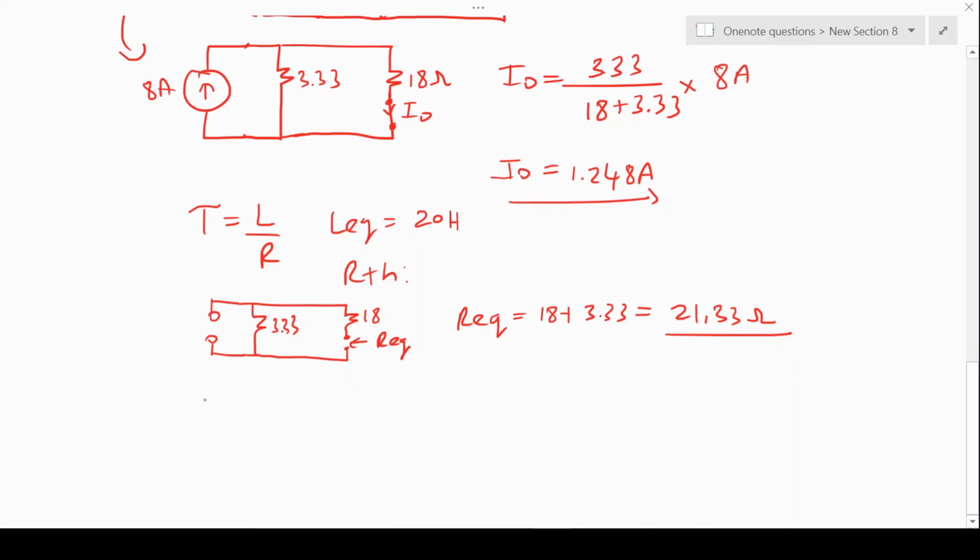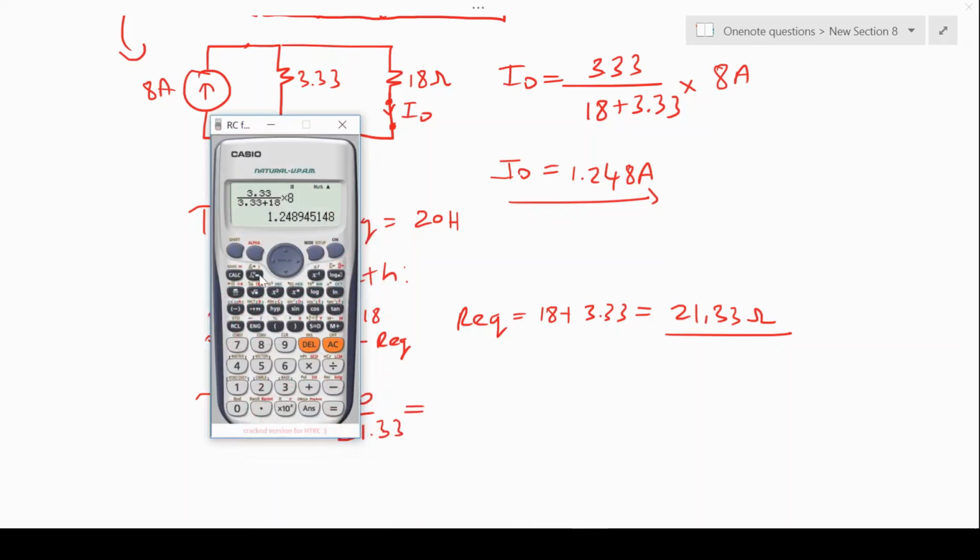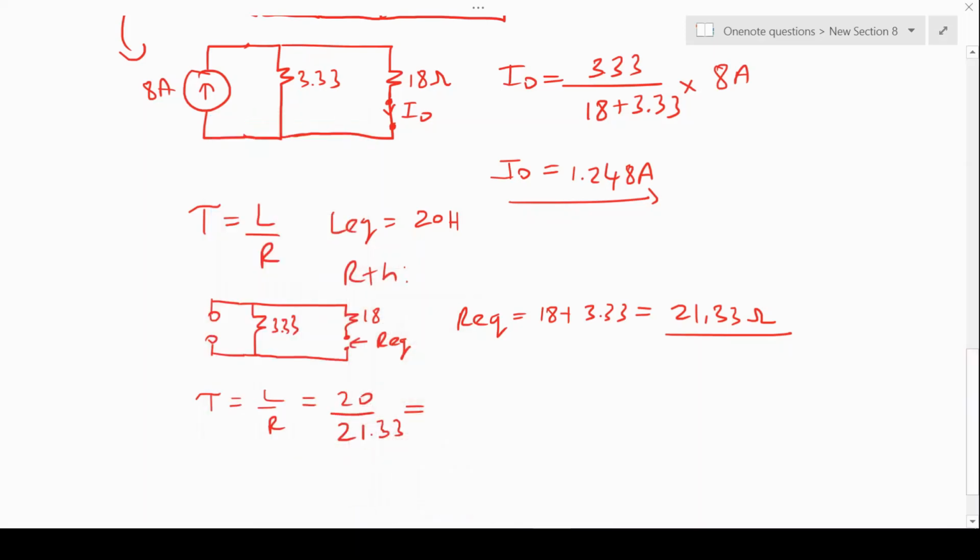And then we determine the time constant, which is equal to L over R, which is going to be 20 divided by 21.33, which gives us a value of 0.937 seconds.